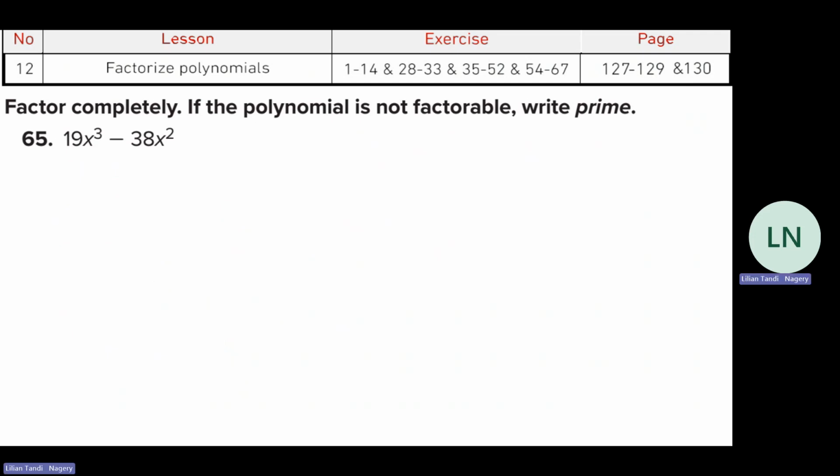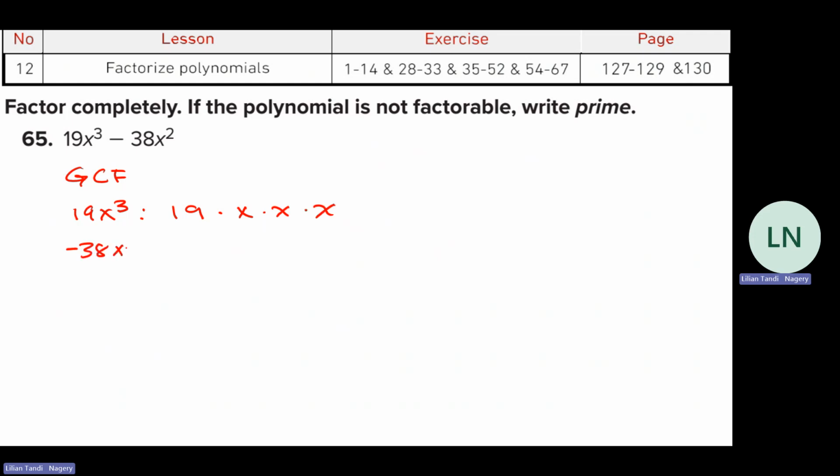19 and 38. So this I'll have to do GCF because both of them have x. So this is GCF. 19x cubed becomes 19 is a prime number, so x dot x dot x.